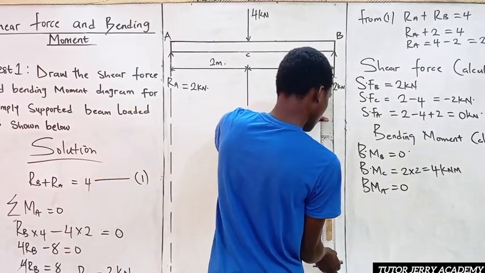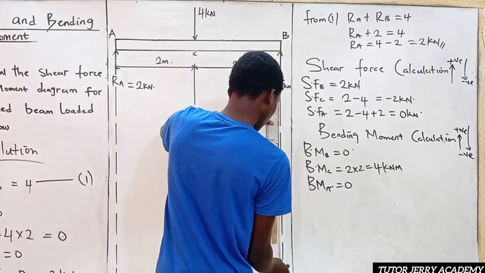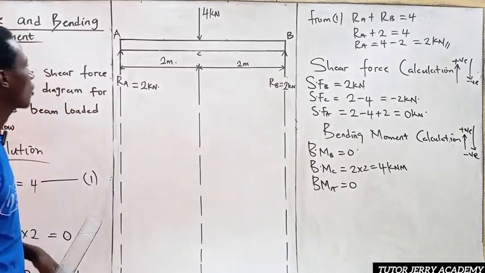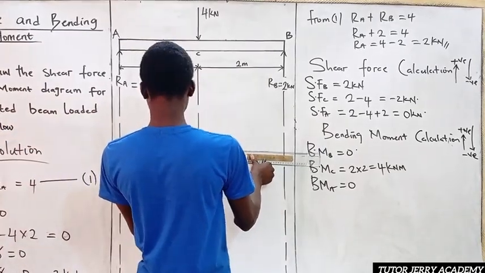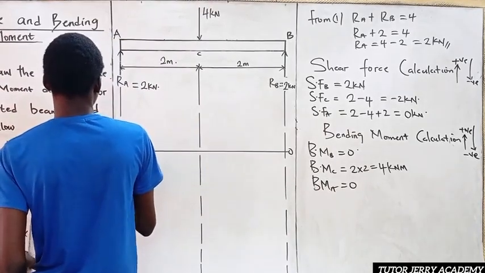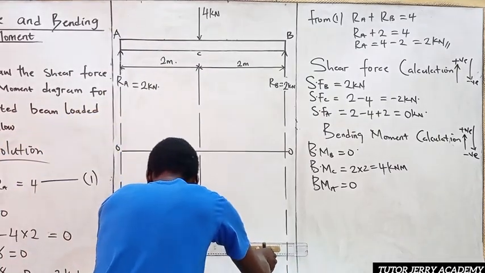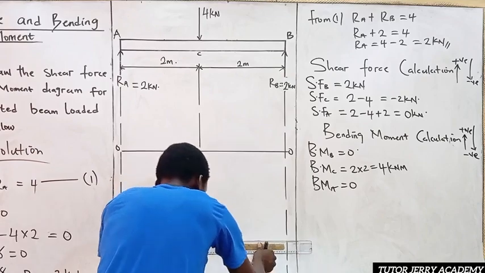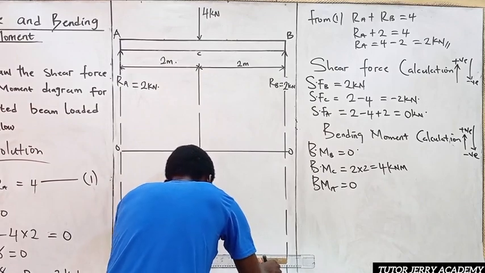And lastly for B, so what do we have next? I'm going to be drawing my reference line for the shear force diagram. Here is going to be 0. Similarly here is going to be 0. So here also I'm going to be drawing my non-negative bending moment. So I have this to be around here.